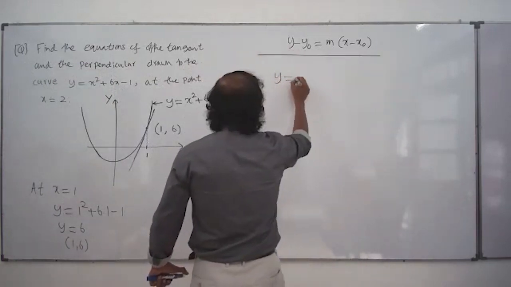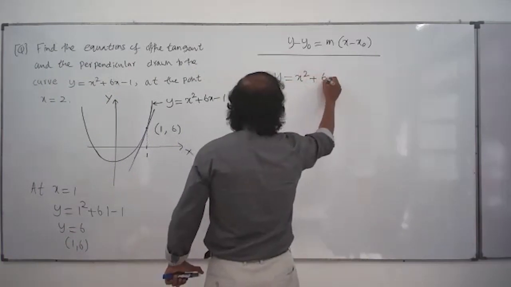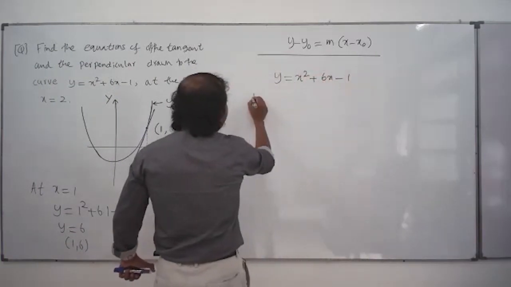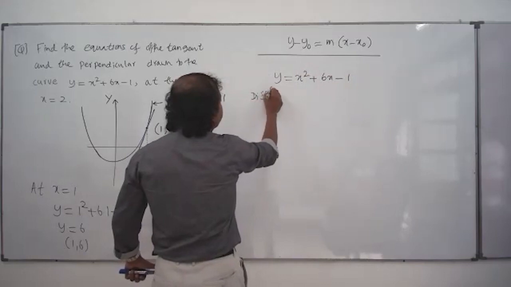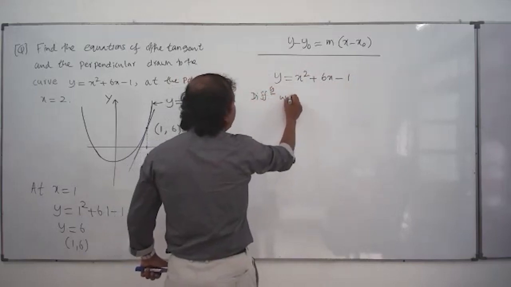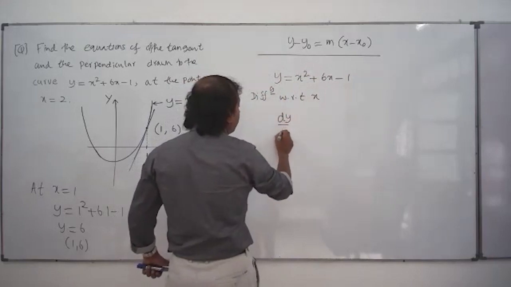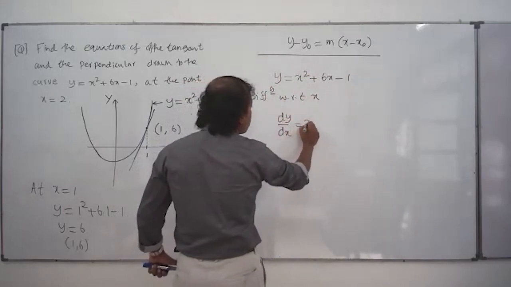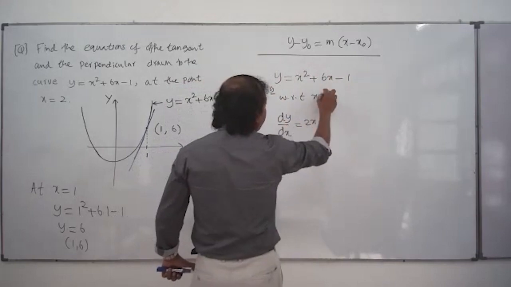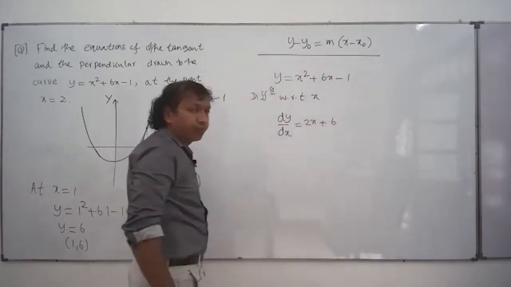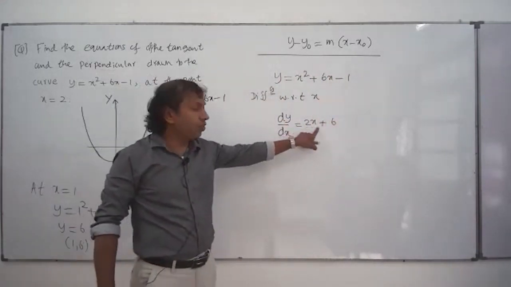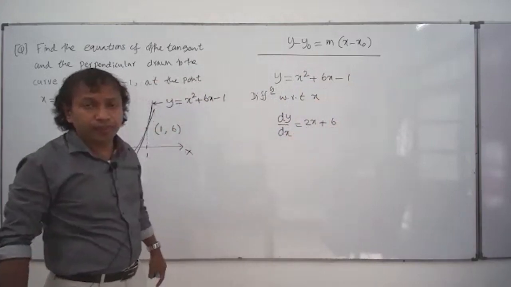So we can write this: y equals x squared plus 6x minus 1. We differentiate this with respect to x. dy by dx: you know the derivative of x squared is 2x, and the derivative of 6x is 6. See here, you get this derivative function in terms of x.